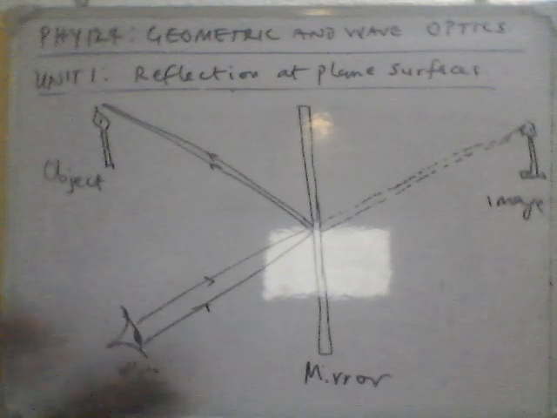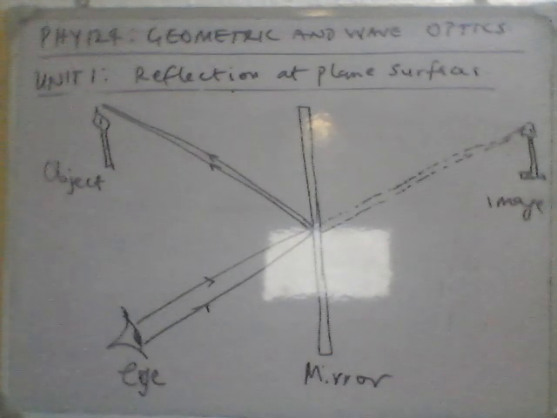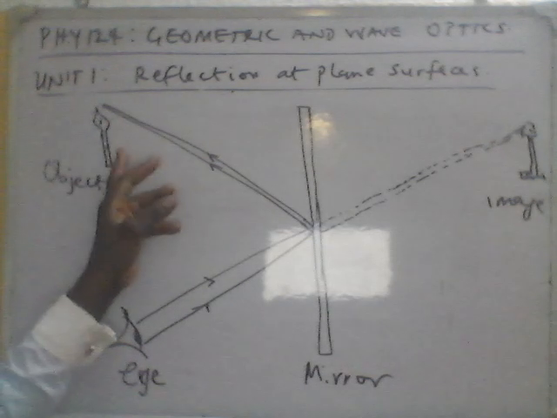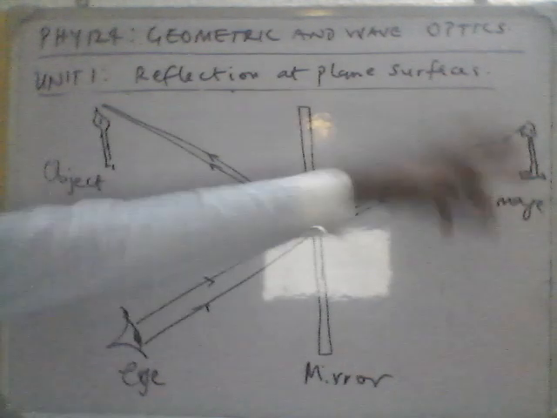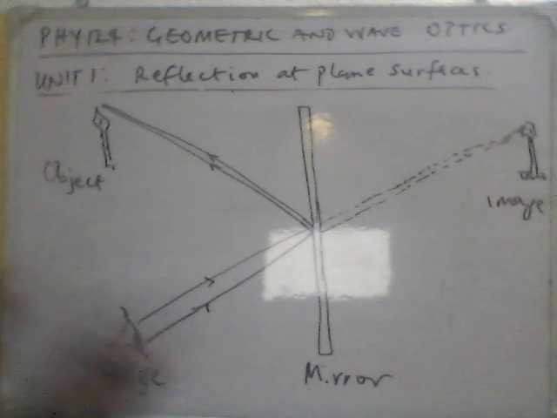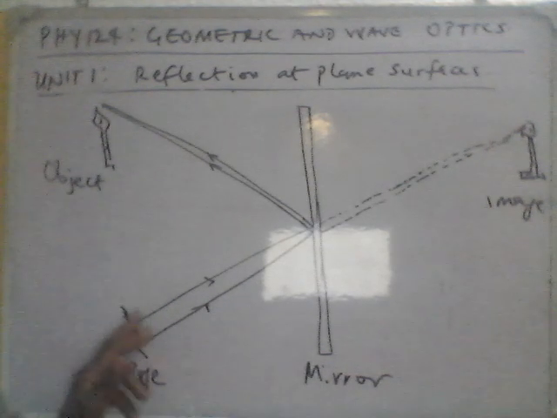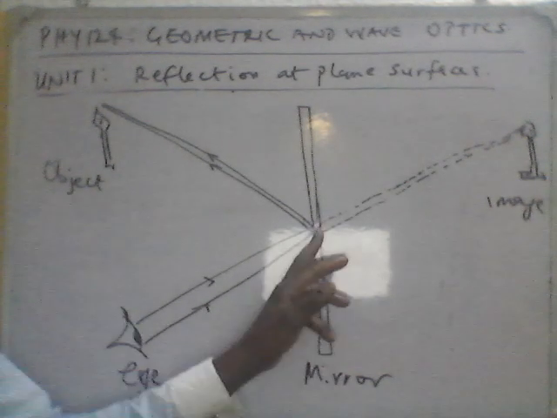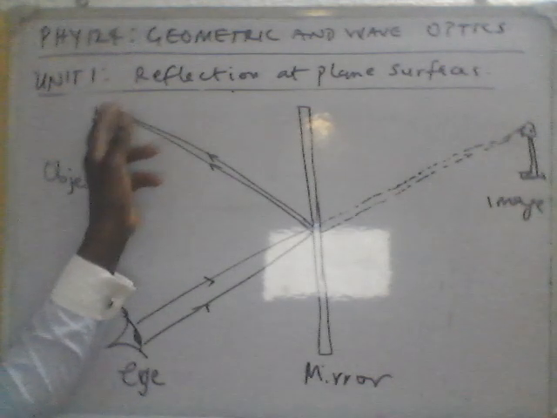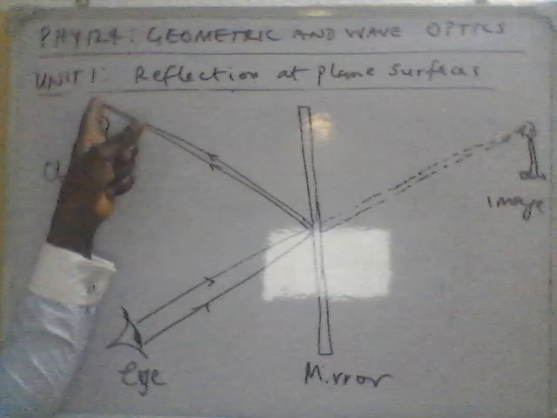What happens when you are looking at the mirror? You are looking at this object, and you are seeing the image of the object behind the mirror. This is the interplay of the rays. So the incident ray, the ray from your eyes, hits the mirror and is reflected to converge at the tip of this.